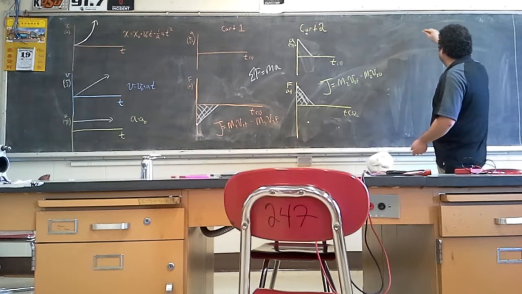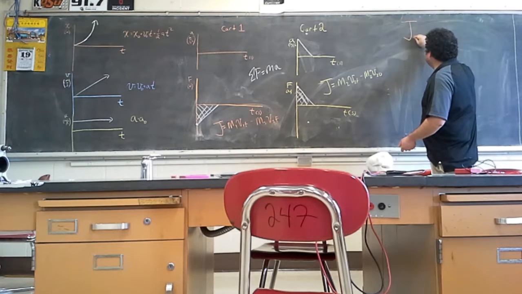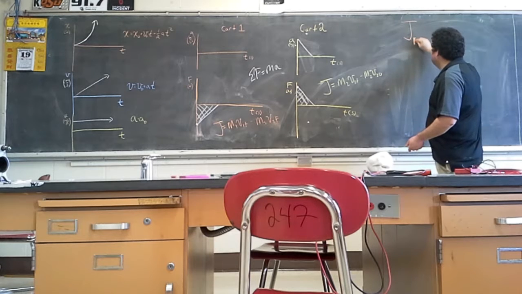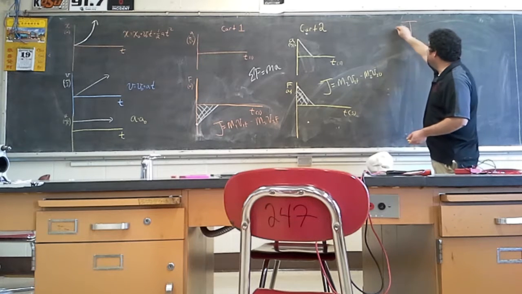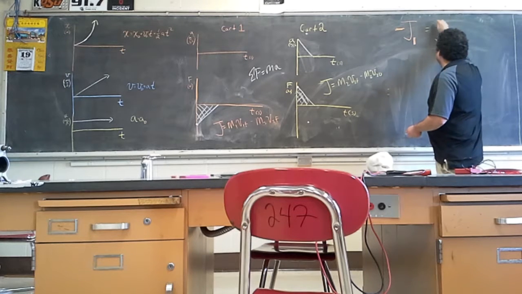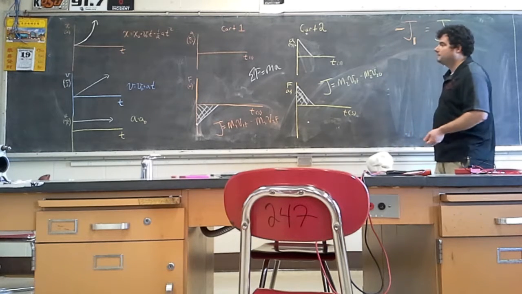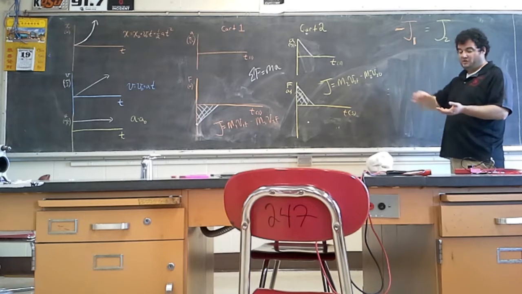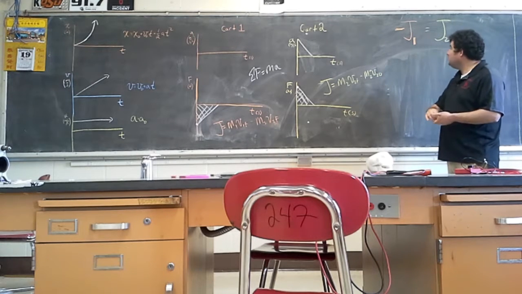We have the impulse on cart 1. It's opposite the impulse on cart 2, so I'm going to put a negative sign. Just sub in the m's and the v's.